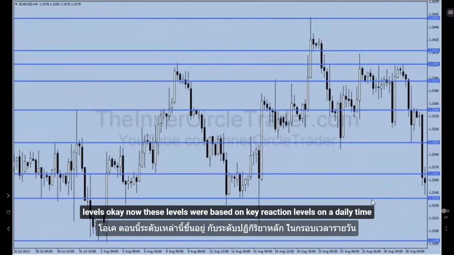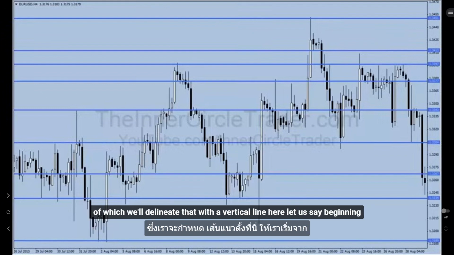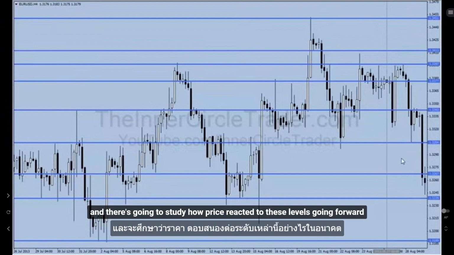These levels were based on key reaction levels on the daily time frame before the fact. So we're going to establish a point, which we'll delineate with a vertical line here. Beginning here, we were expecting the market to go lower, and we're going to study how price reacted to these levels going forward.